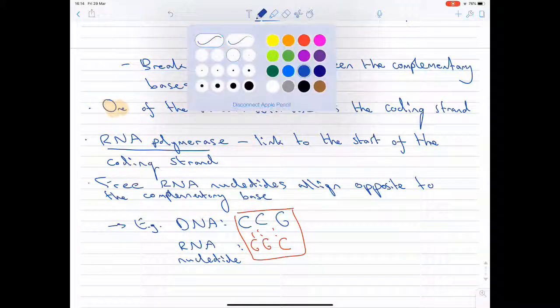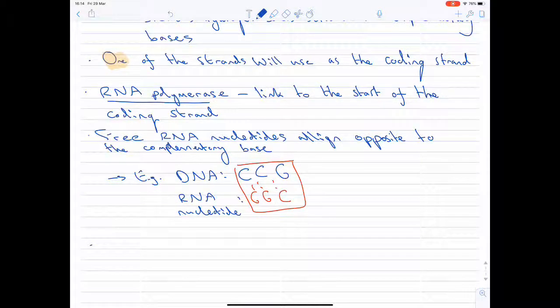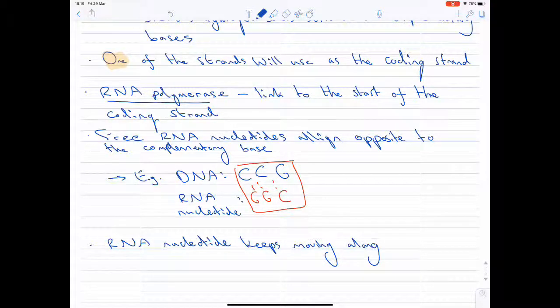This is going to basically keep repeating. The enzyme, which is allowing all this linking to happen, is going to keep moving along the coding strand until the mRNA molecule is synthesized.